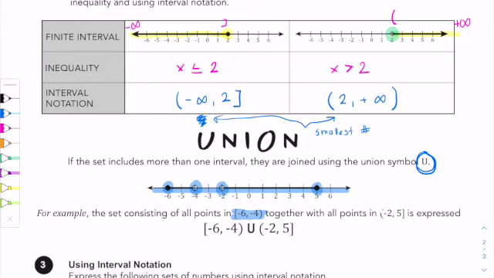The second interval is -2 and 5. -2 has a parenthesis because of the open dot. 5 has a square bracket because of the closed dot. When you take these two intervals and you write them together, you literally just write them together with the smallest numbers first, and you include a union in the middle.